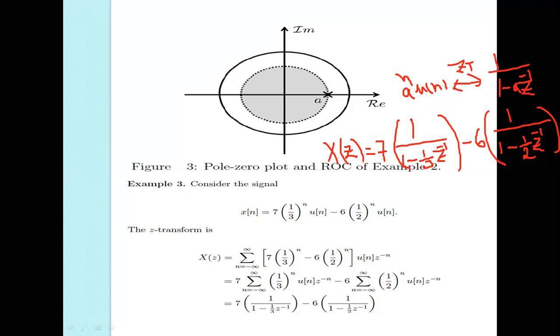Now we can simplify this one. X of z is equal to, you can write as 3z minus 1. z power minus 1 means it's also denominator only. Or directly here there is 7 into 1 by 1 minus 1 by 3 z inverse minus 6 into 1 by 1 minus 1 by 2 z inverse. That is the final answer.